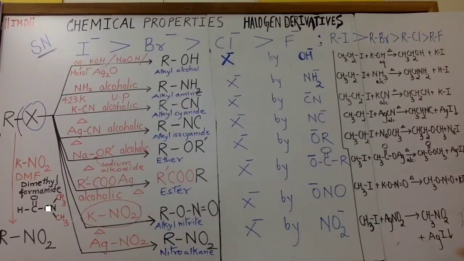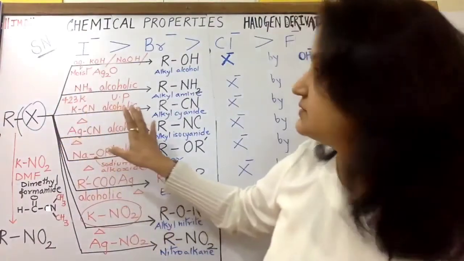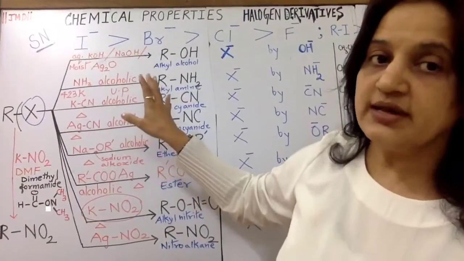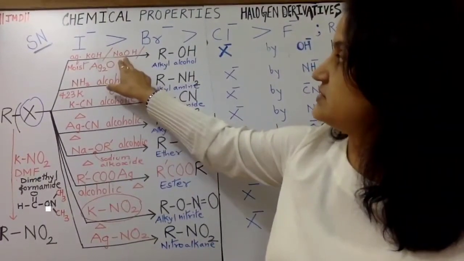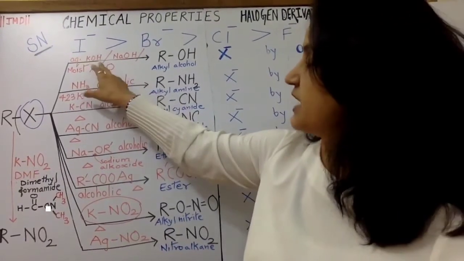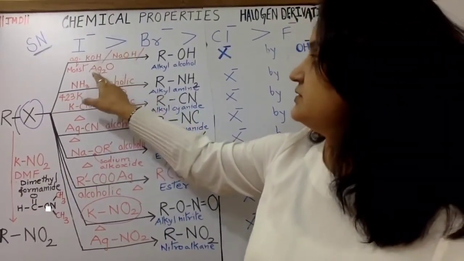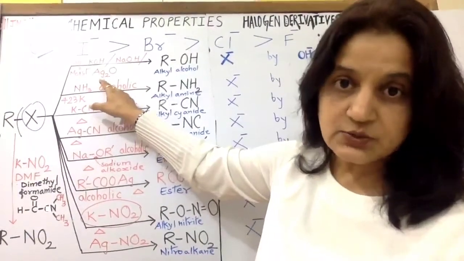Now children, the first nucleophilic substitution which I wrote is the action of aqueous KOH, or we can use aqueous sodium hydroxide, NaOH, aqueous potash, or caustic soda, or I can use silver oxide suspended in water, which is moist Ag2O.